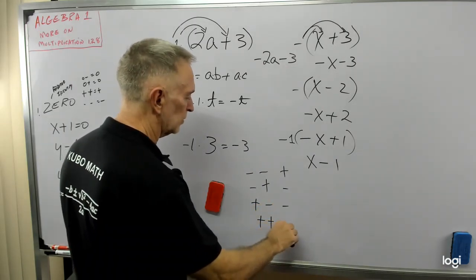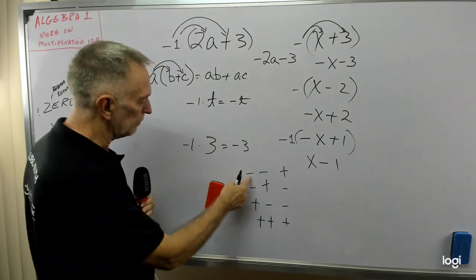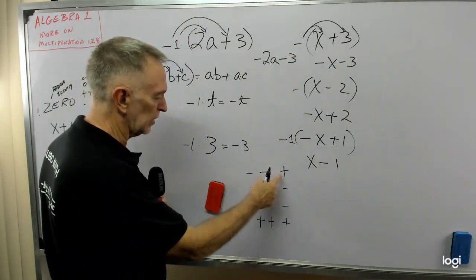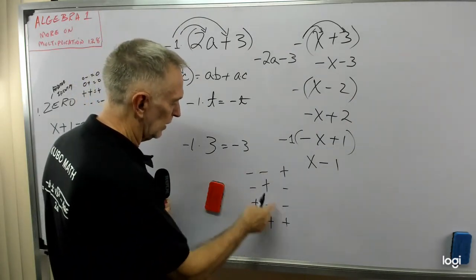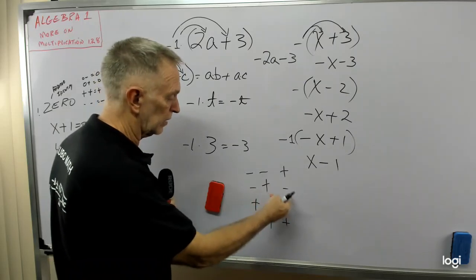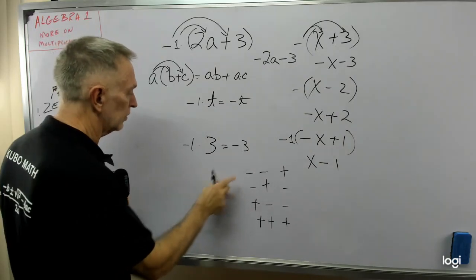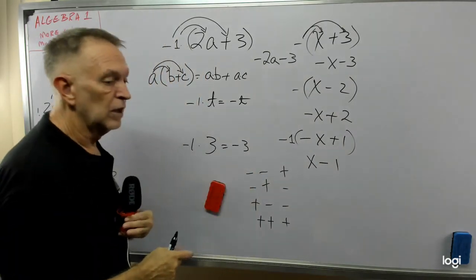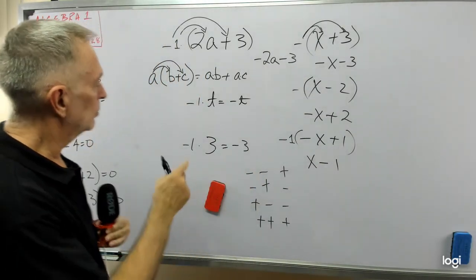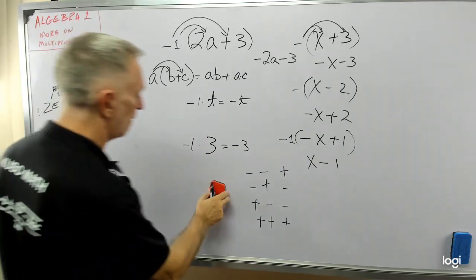Positive times positive is positive. If the signs are alike, it comes out positive. If the signs are different, it comes out negative. This would be in the algebraic rules video, so I would encourage you to look at that.